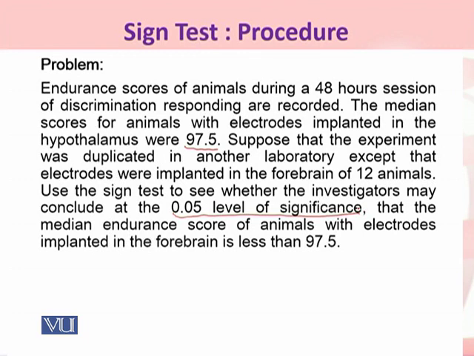So we have to test using the sign test that the median endurance score of animals with electrodes implanted in the forebrain is less than 97.5. Students, in this particular line we are given the alternative hypothesis, and we have to show under this alternative hypothesis that the median is less than 97.5. That is to be tested using SPSS.